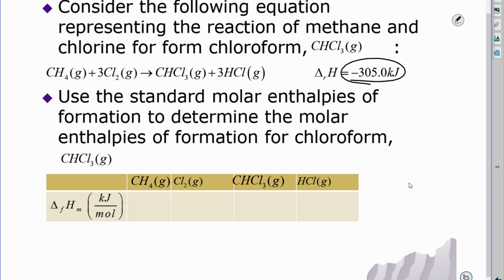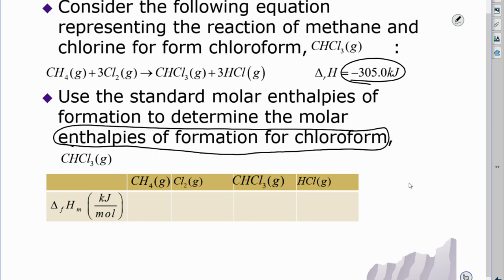We are being asked for the molar enthalpy of formation of chloroform. So what we're asked for is that. We don't know it. We can figure out the rest of this. This is chlorine. It's an elemental form, so we have a 0 there. And I need to go look in the data book for the rest of it.